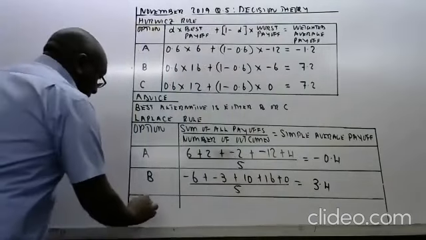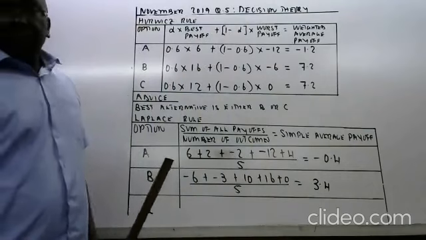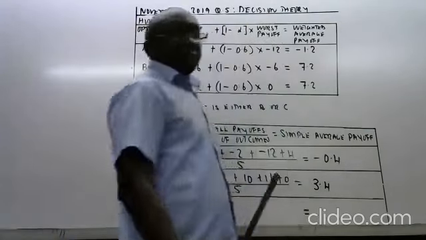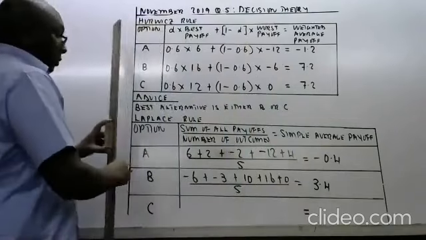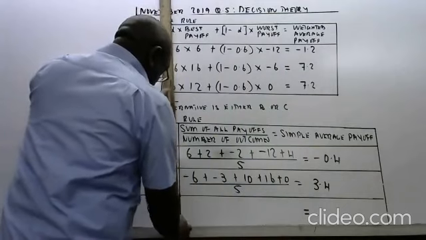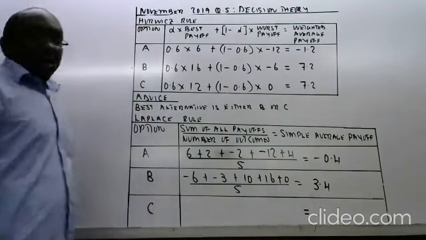And then part C, we also do the same thing. Okay, this one, put it here to be the answer. Do the same on your own and send me the answer so that I confirm that we are together.